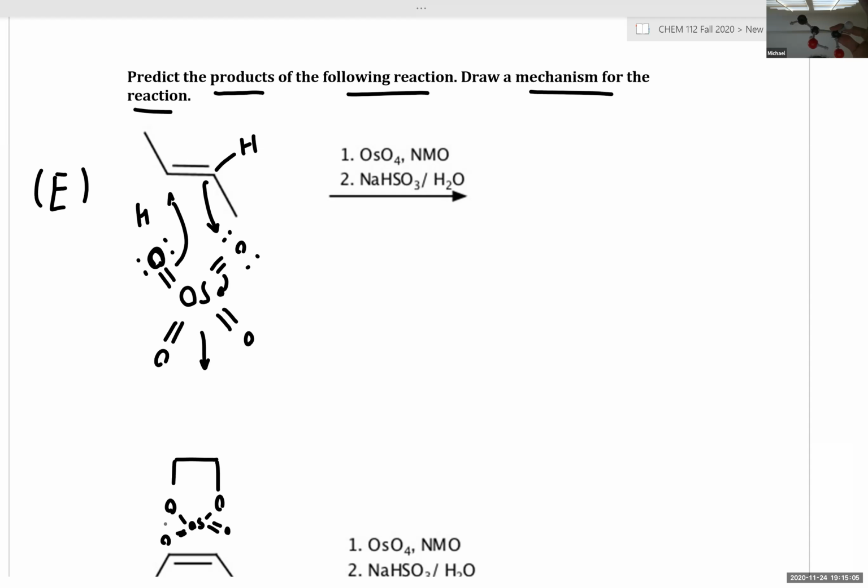Starting off on the right, which group is in the front on the right? The hydrogen, yeah. The methyl's in the back on the right. Okay, what about on the left? The methyl. Okay, perfect.